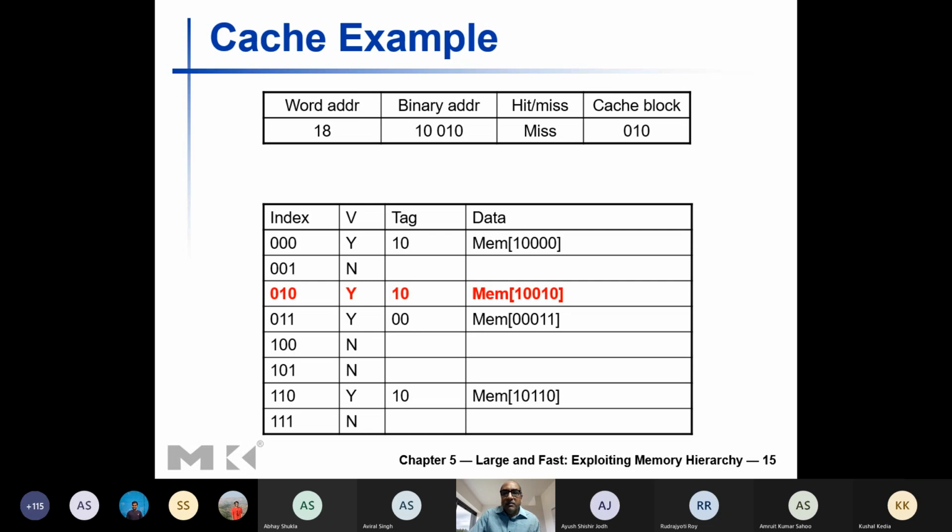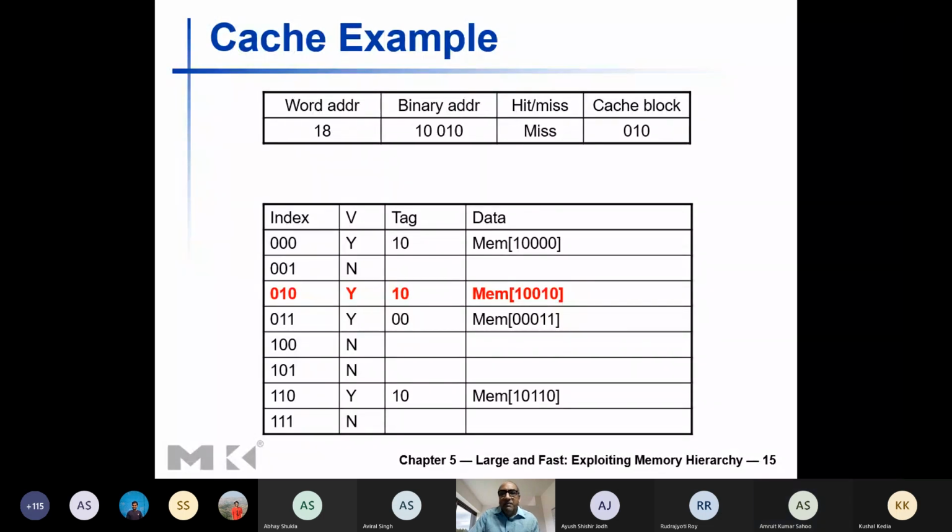But as we have seen, the program size will be much larger than the cache size, and therefore most of the program, that is instructions or data, will reside in the main memory, and the portions of the program which are required at that particular point of time will be placed in the cache so that the CPU can access the cache.